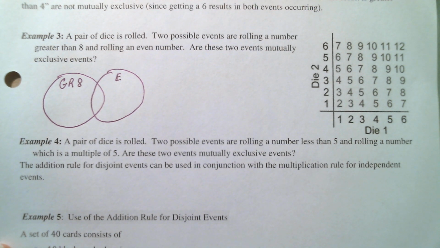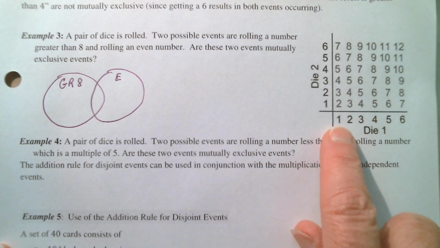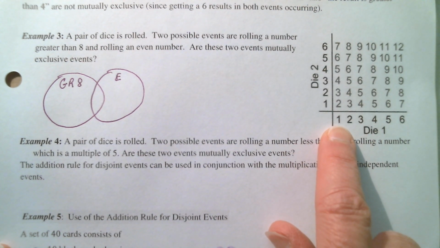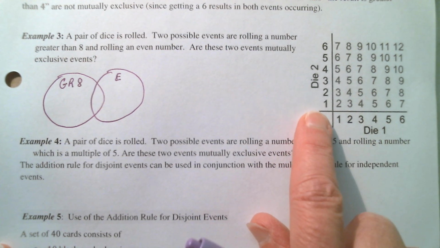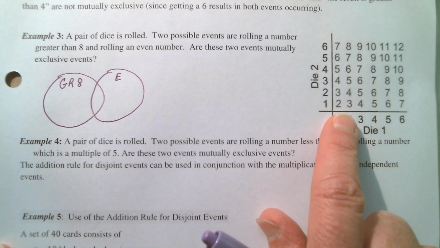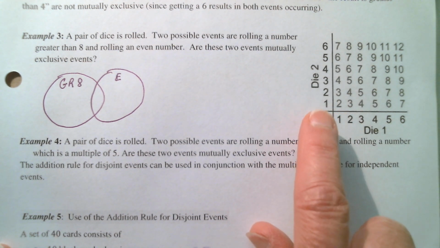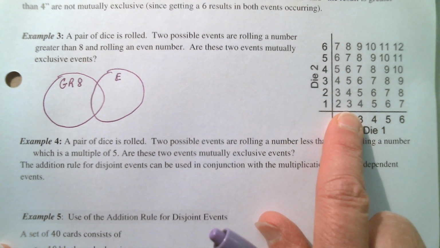Now this is a pair of dice, so we have the outcomes here. If we were to roll a 1 on the first die and a 1 on the second die, then we're looking at the sum. So the sum would be 2. We could roll a 1 and a 2, and then the sum would be 3.